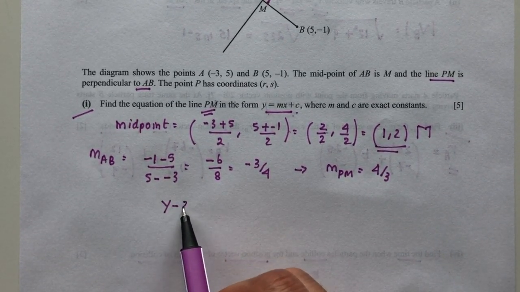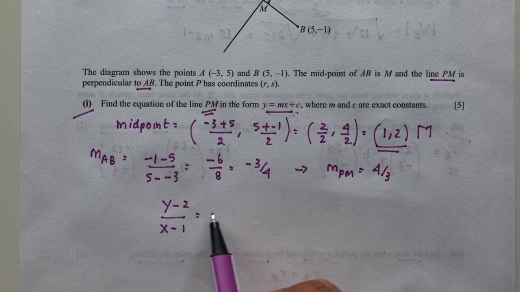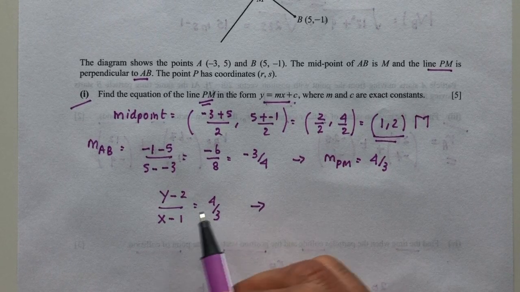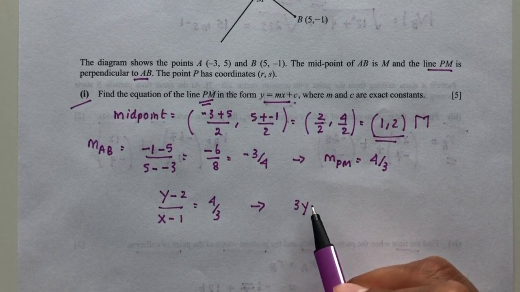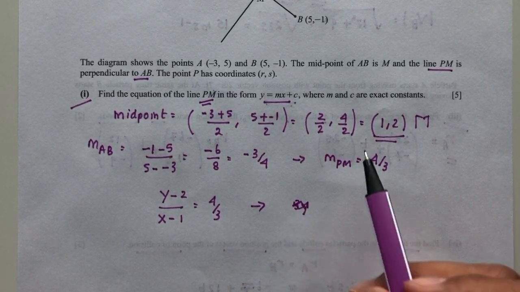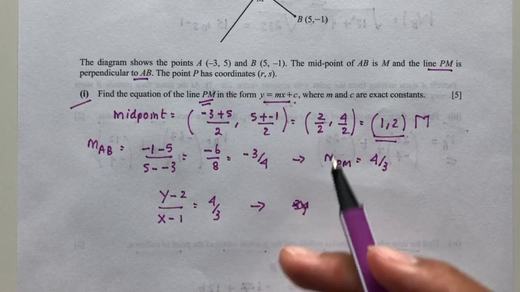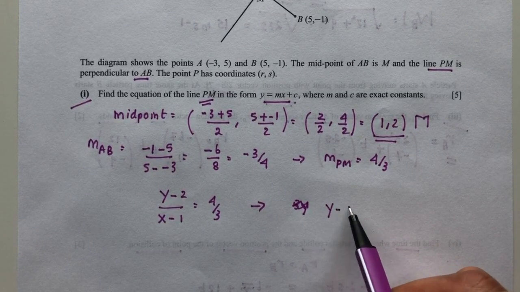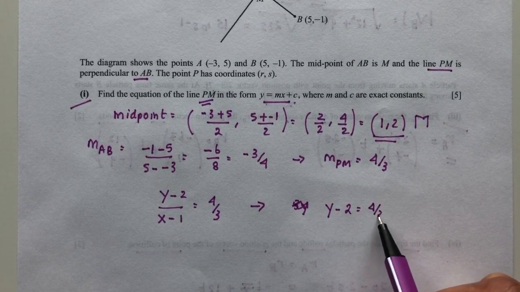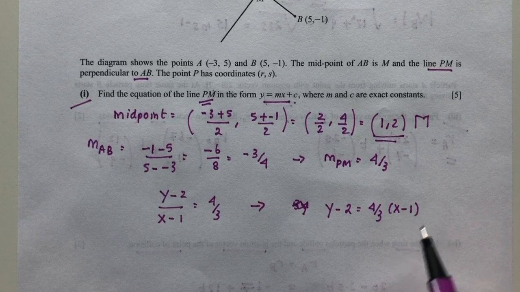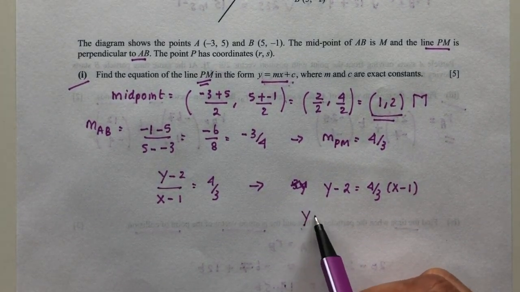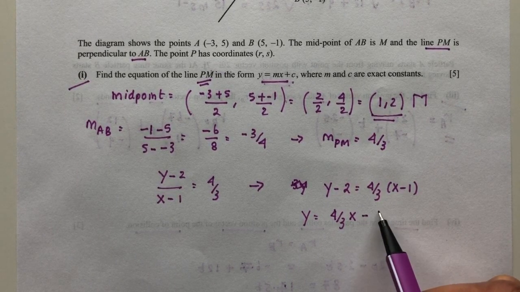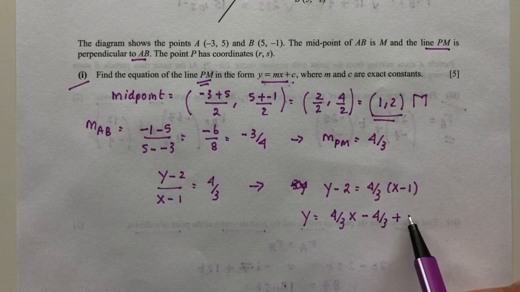So y minus 2 over x minus 1 equal to 4 over 3. We don't need to cross multiply because we are trying to find it in this form. We have to send this one over here. You will have y minus 2 equal to 4 over 3 times x minus 1. Now y will be 4 over 3 x minus 4 over 3 plus 2.